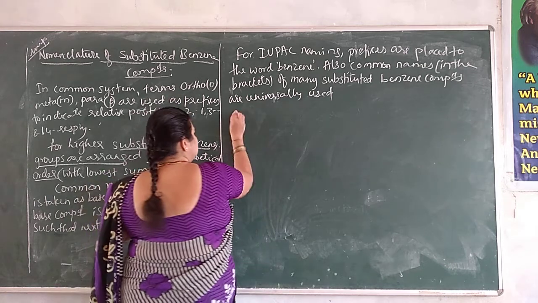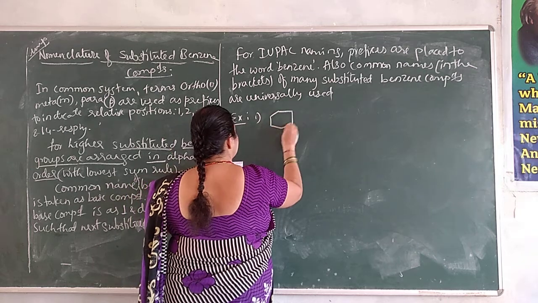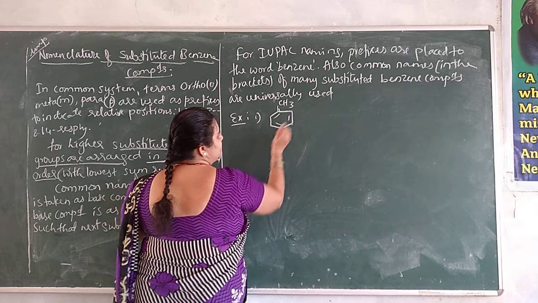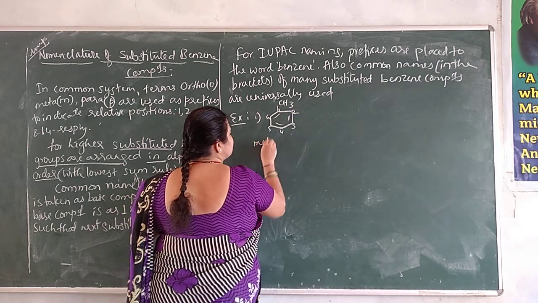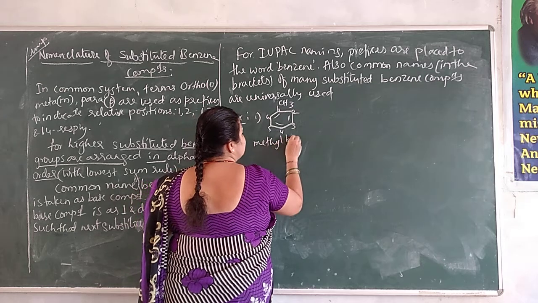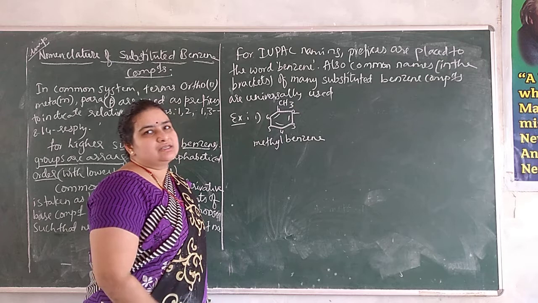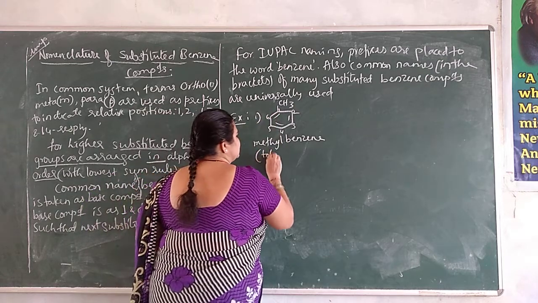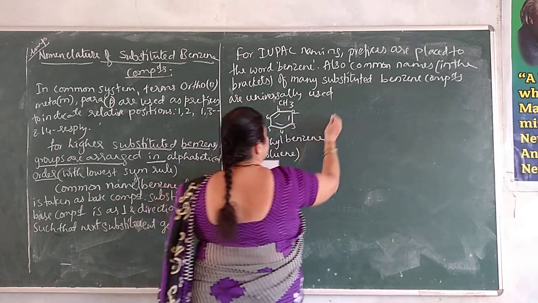Now solve some examples. First one, here a CH3 group is present. Take it as number 1, 2, 3, 4, 5, 6 and name it methyl benzene. Methyl is the substituent and benzene is the parent. In common name this compound is called toluene.